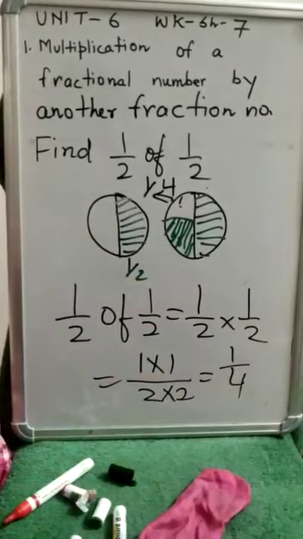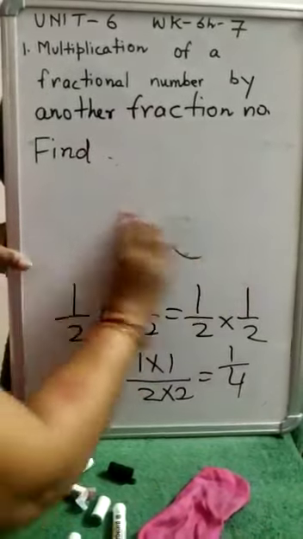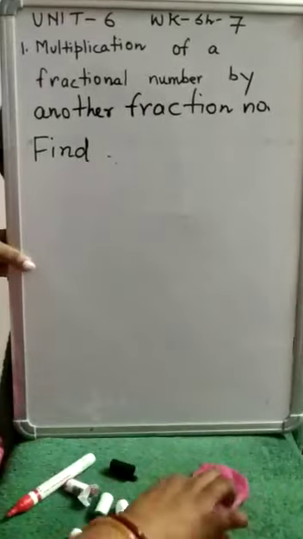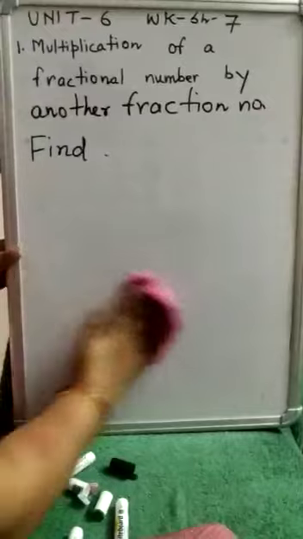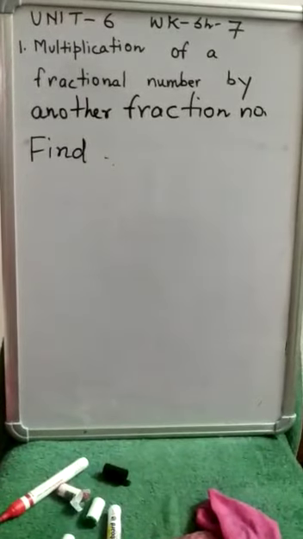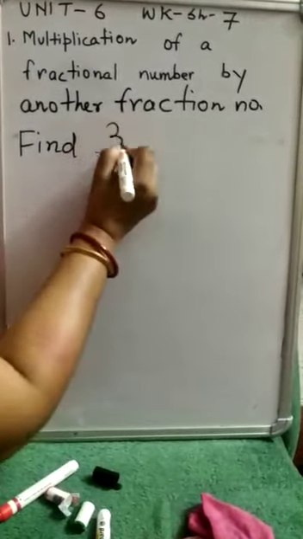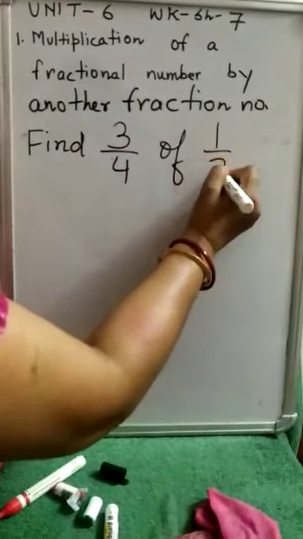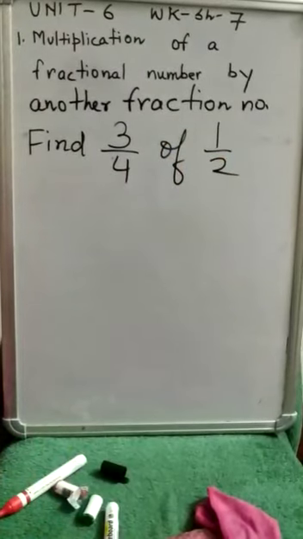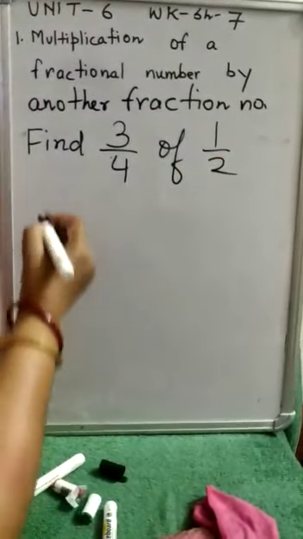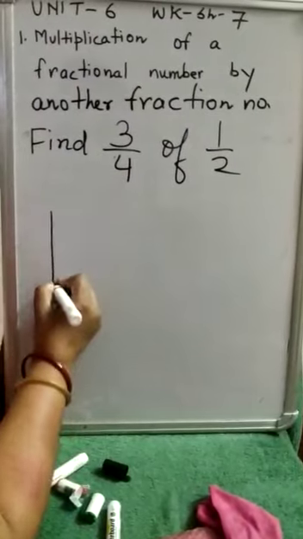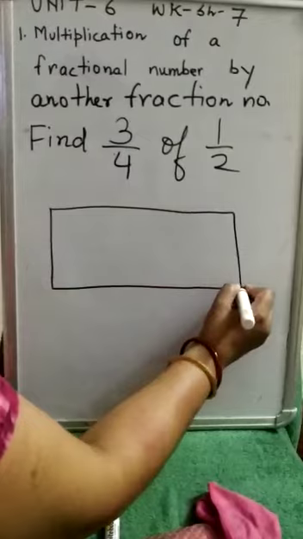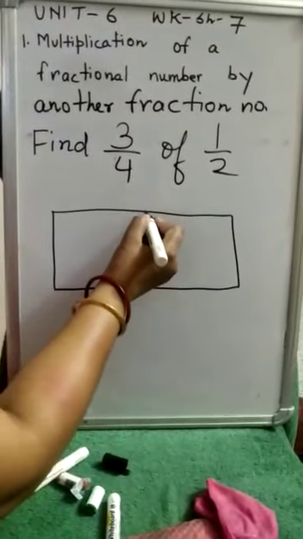Correct? Now let us take another example. Here, the question is 3 by 4 of 1 by 2. Correct? So let us consider a rectangle. And we take its half.